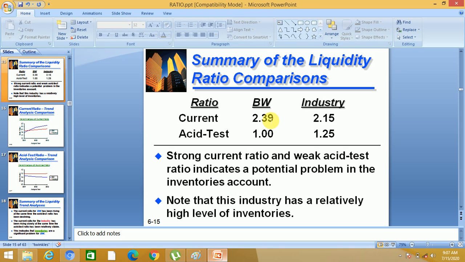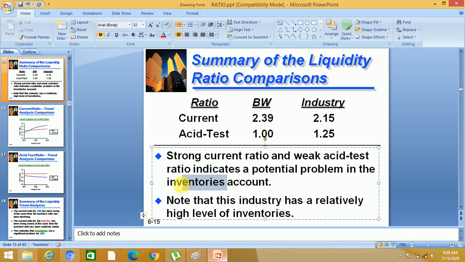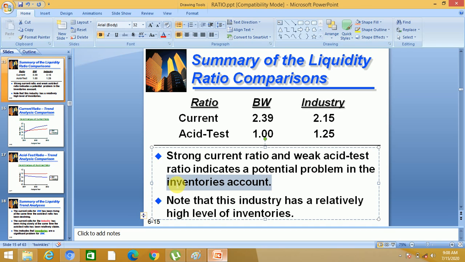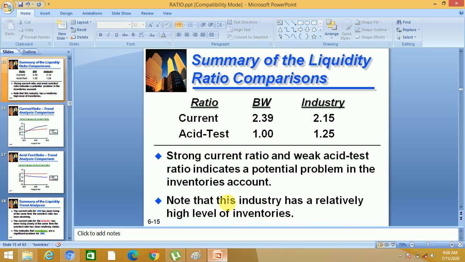That means the company is not selling the inventory properly; the performance of the sales or marketing department is not good.